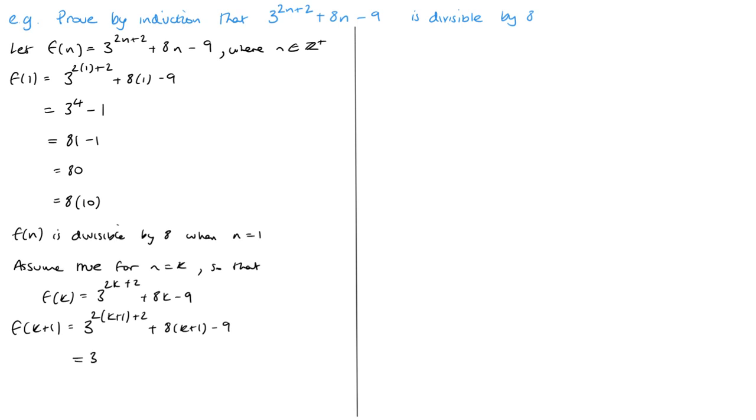So we've got 3 to the power 2k plus 4, isn't it, plus 8k plus 8 minus 9, which is minus 1.